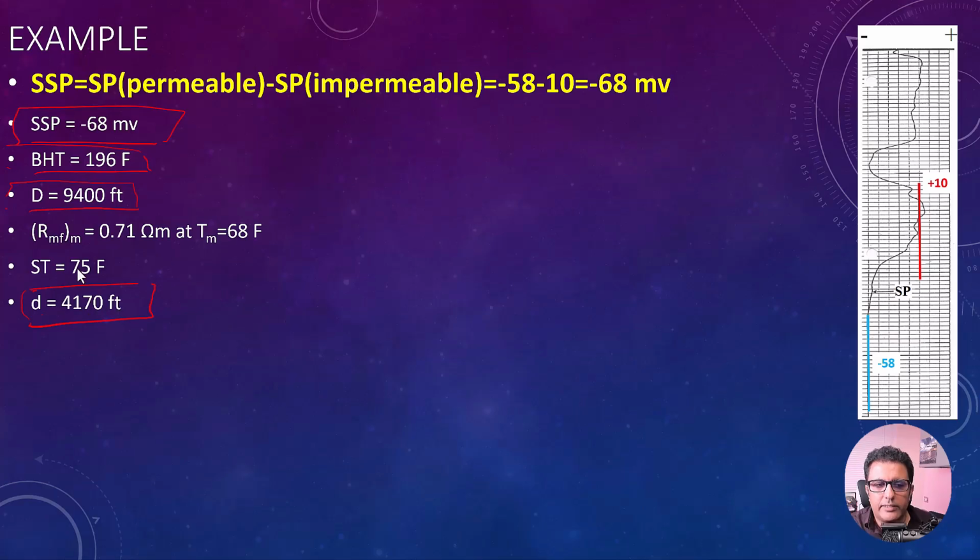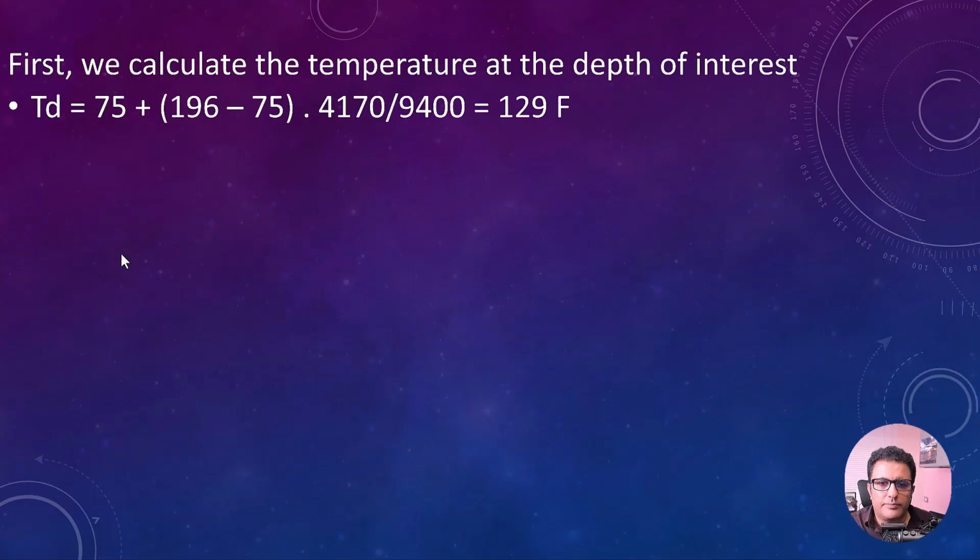4170 feet. In that case, assume that this is the resistivity that we measure in the lab. So RMF measured in the lab is 0.71 ohm meter. So first of all, use this equation to calculate the temperature at the formation.